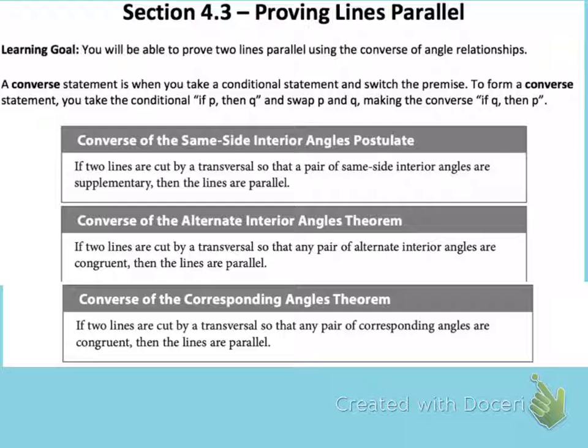Now, not every theorem or postulate that is obviously true has a true converse. Sometimes when you switch around the two parts of the statement, you change the truth of the statement. For instance, if two angles form a linear pair, then they're supplementary.